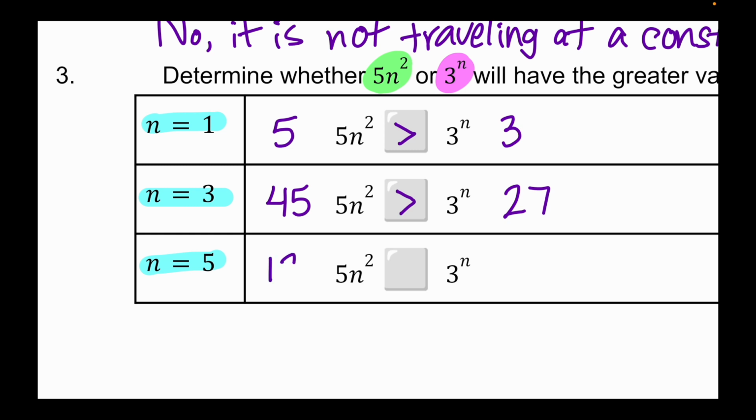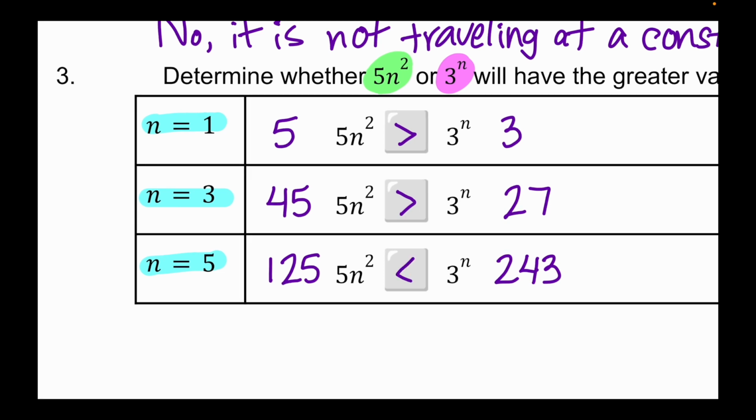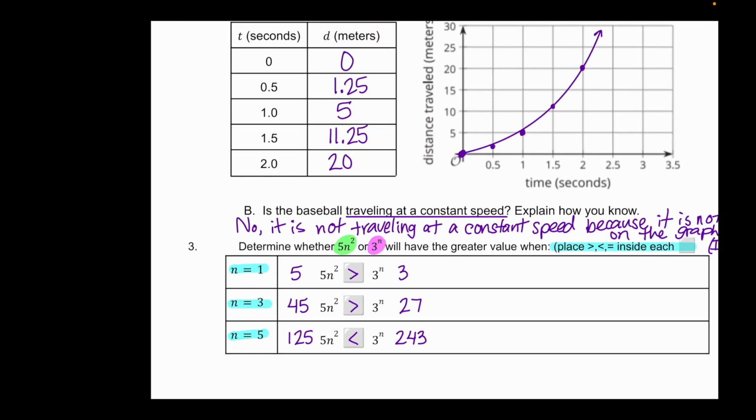So we would put 125 right here, and then 3 to the power of n, we're going to use 3 then to the power of 5, and I would definitely use a calculator for this one, because it's not one you might know off the top of your head, but this is 243. So finally, the one on the right is actually larger, so we can put a less than symbol and say 125 is less than 243. And that's really it for that question.